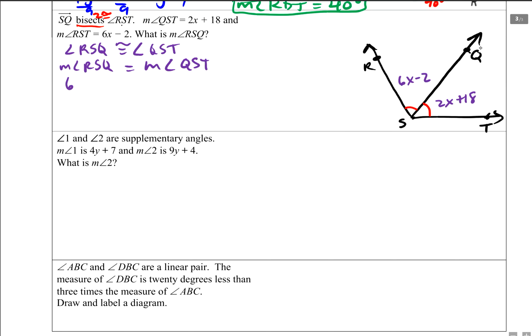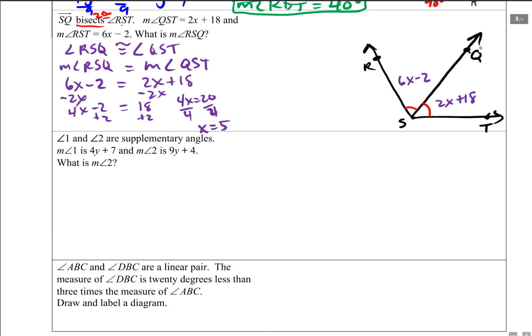And then I substitute: 6x minus 2 equals 2x plus 18. Subtract 2x from both sides: 4x minus 2 equals 18. Add 2 to both sides: 4x equals 20. Divide by 4. X equals 5.